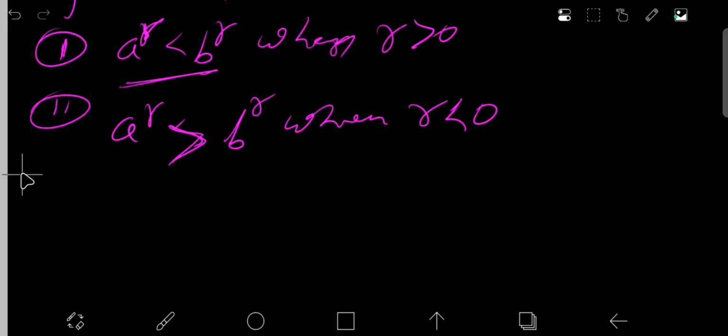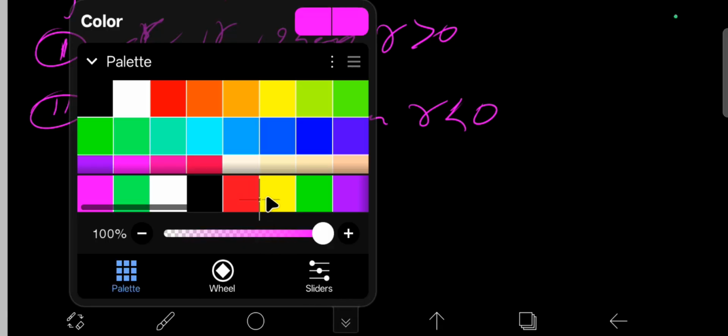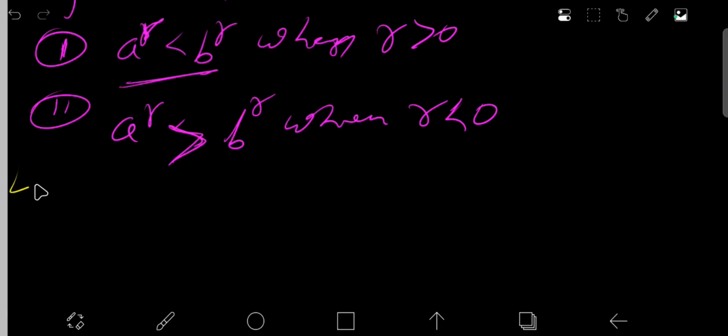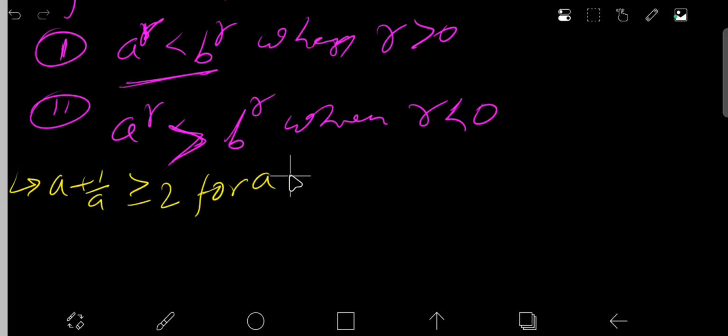Another property: here we write different properties. Next, a plus 1 by a is greater than or equal to 2, where a is any positive number.